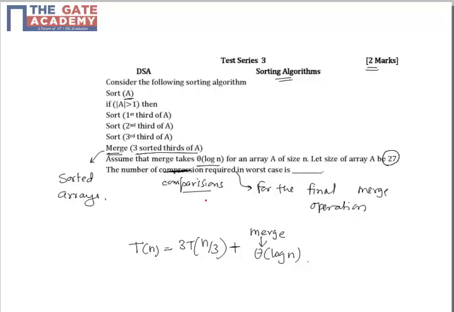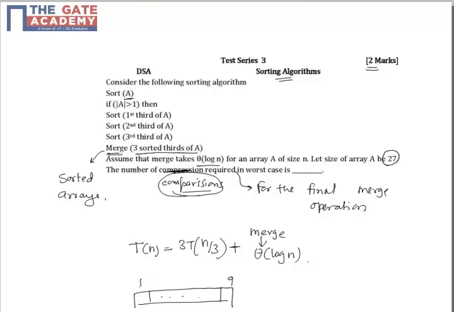What are we interested in? We are interested in finding the number of comparisons required for the final merge operation. What is this final merge operation? We have 3 arrays. Let's assume that this is array 1, which has elements 1 to 9.